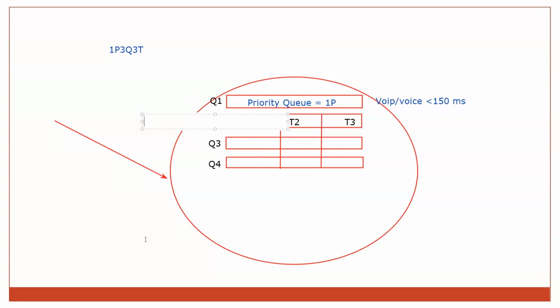According to that, you can do classification and marking. Now Q2 is the high priority queue, meaning for business related high priority traffic, then this you can think of as medium priority, and this as low priority, or maybe default. Whatever is not categorized in queues 1, 2, 3 will go via queue number 4.